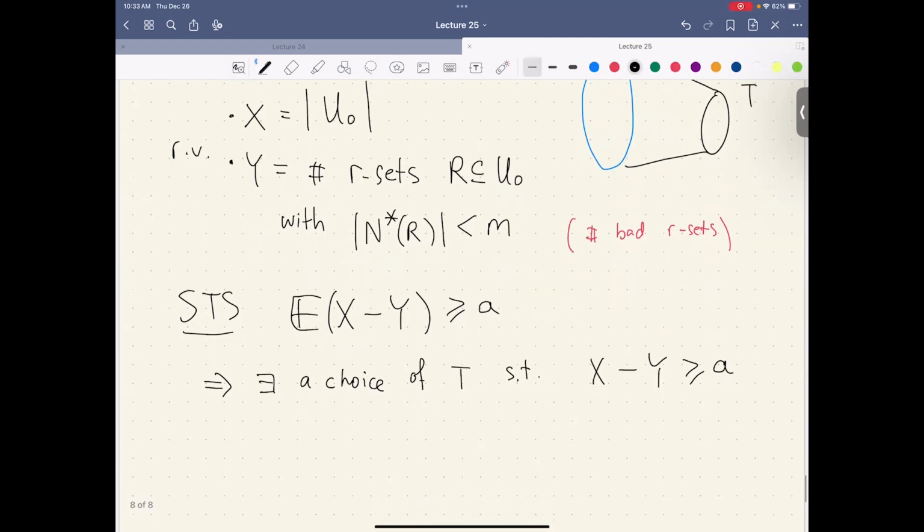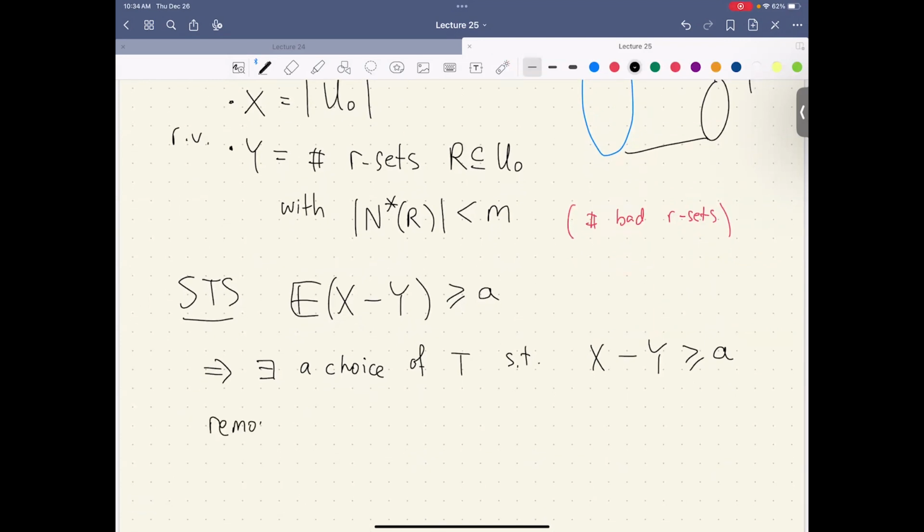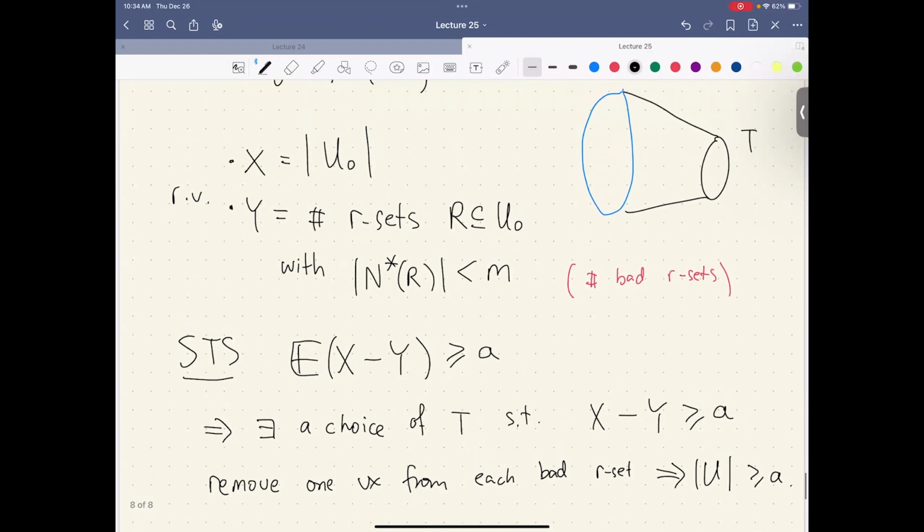So remove one vertex from each bad R set. We will get our final set U, which is of size at least A. And that's the set that's desired.